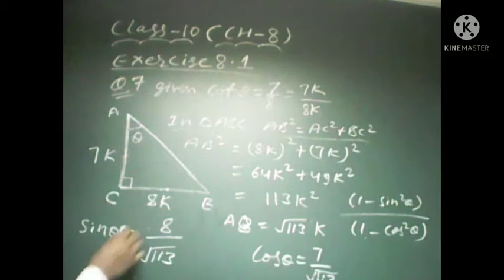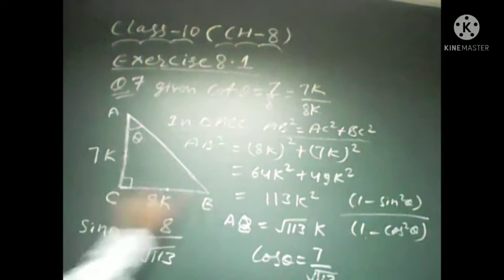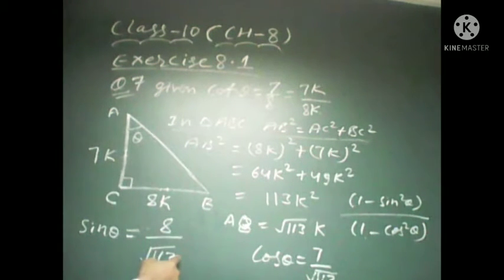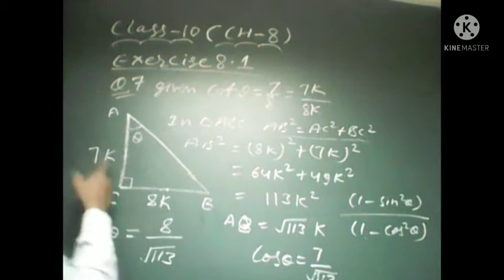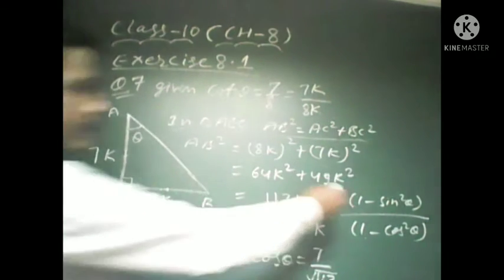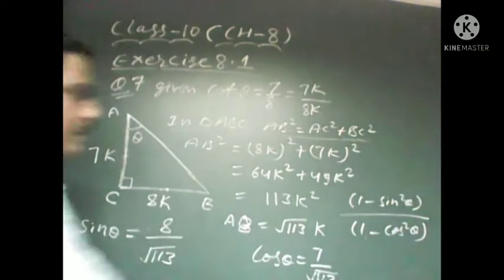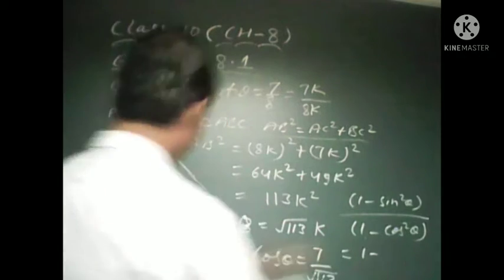Now, what is sin theta? Opposite upon hypotenuse, BC upon AB, K cancels. Similarly, cos theta is adjacent upon hypotenuse. Now, putting the values of sin theta and cos theta here, you can easily calculate the value of this.